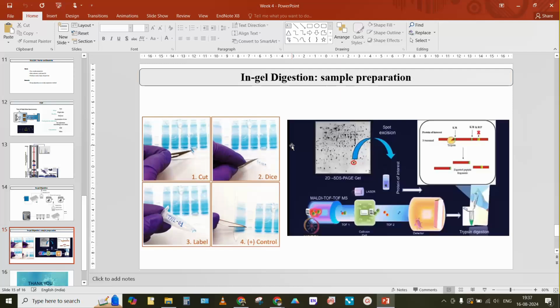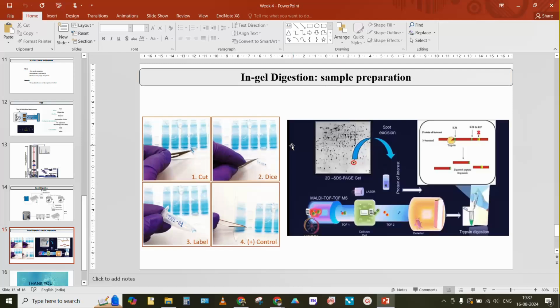These slides give you an overview, since in the last module we discussed two-dimensional gel electrophoresis. If you have a spot of interest, you can excise that spot from the 2D gel and then subject it to in-gel digestion, followed by mass spectrometry analysis.